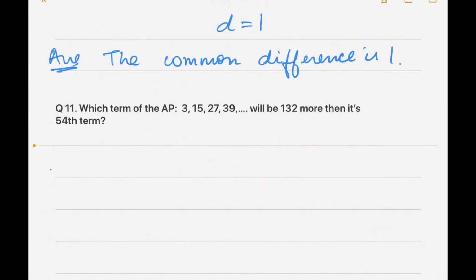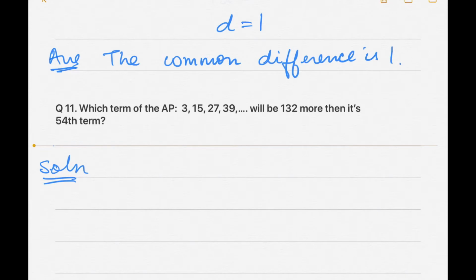Question number 11 says which term of the AP, and AP is given as 3, 15, 27, 39, will be 132 more than its 54th term. Okay, so let's write down in the form of a statement what they are asking. Which term of the AP? So Tn we can take it, right? And AP is this.